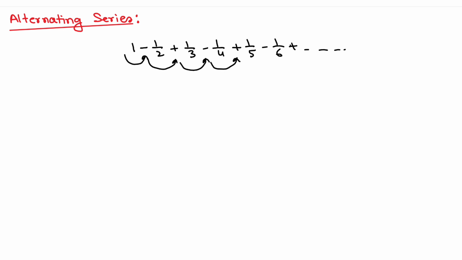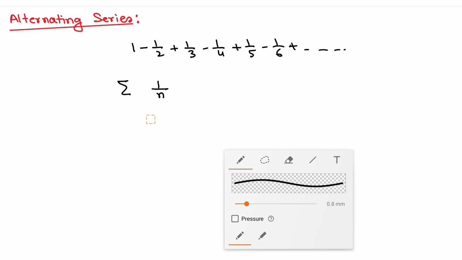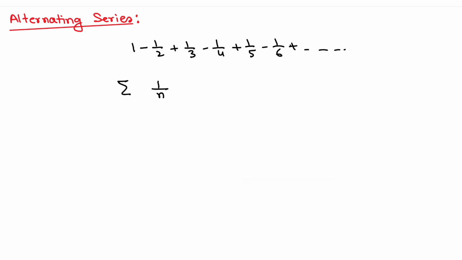So what will be the general form of an alternating series? What can we write as the general form for this series? This series is of the form 1 by n, but if I write only 1 by n, it will represent a positive term series, and we need an alternating series.